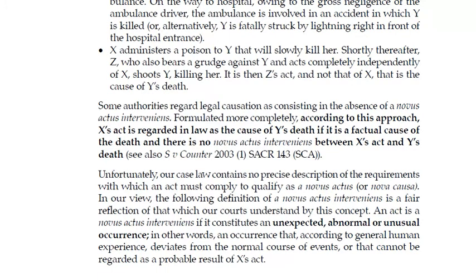Some authorities regard legal causation as consisting in the absence of a novus actus interveniens. Formulated more completely according to this approach, X's act is regarded in law as the cause of Y's death if it is a factual cause of the death and there is no novus actus interveniens between X's act and Y's death.